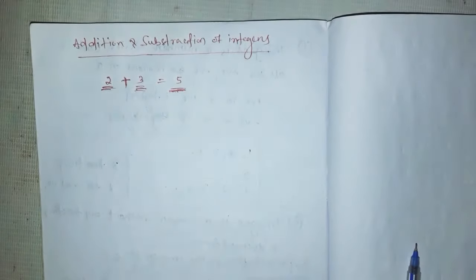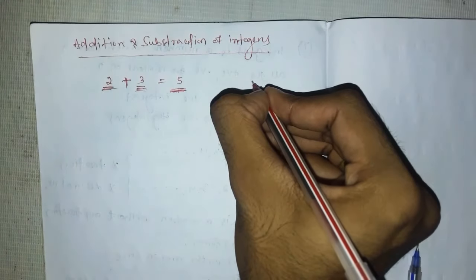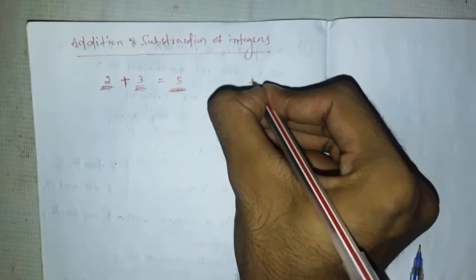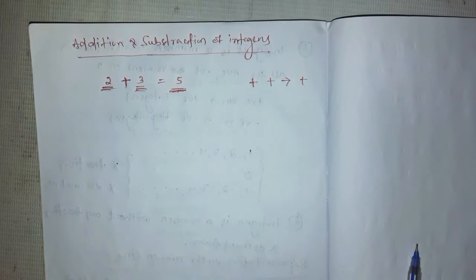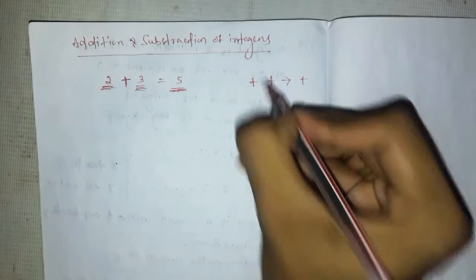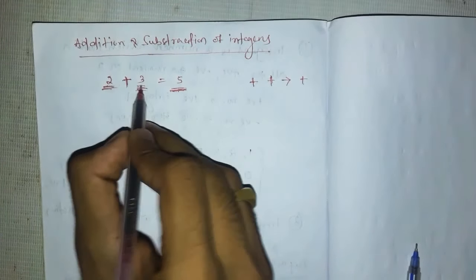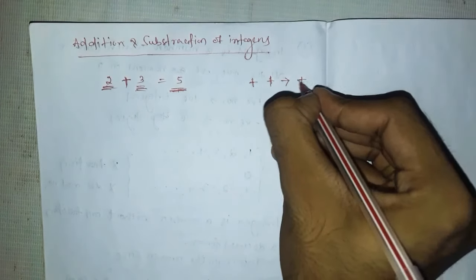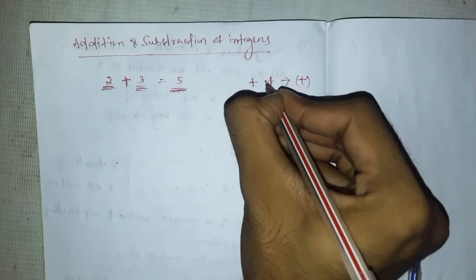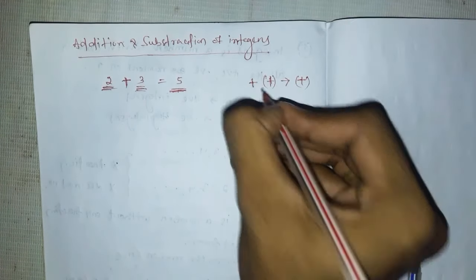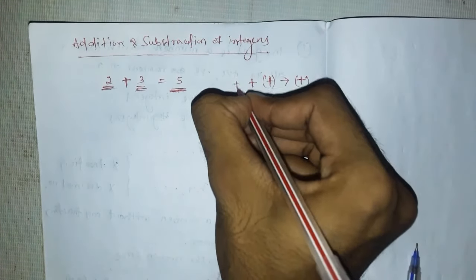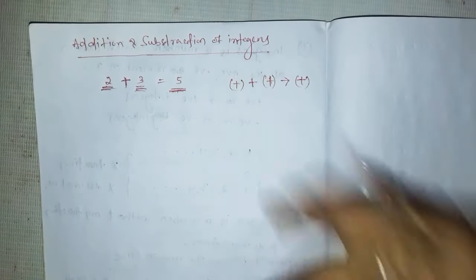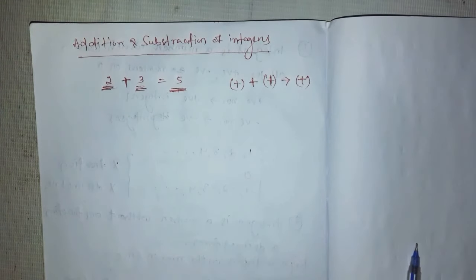So from here we got to know that when we add two positive integers, we will get a positive integer only.